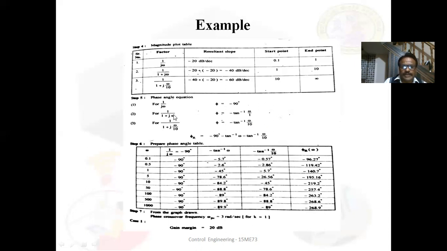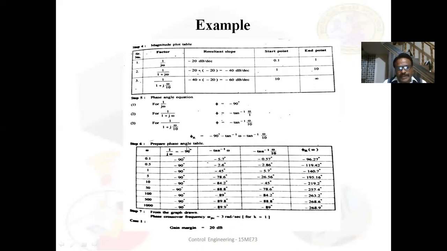Then for the other first order pole 1 by 1 plus j omega by 10, the phase angle is minus tan inverse of omega by 10. The resultant phase angle is minus 90 minus tan inverse of omega by 1 minus tan inverse of omega by 10.